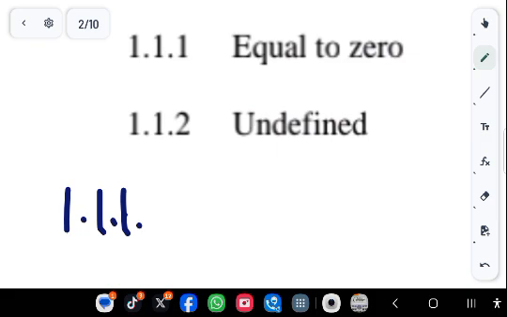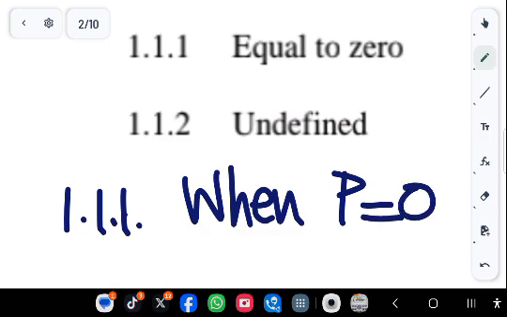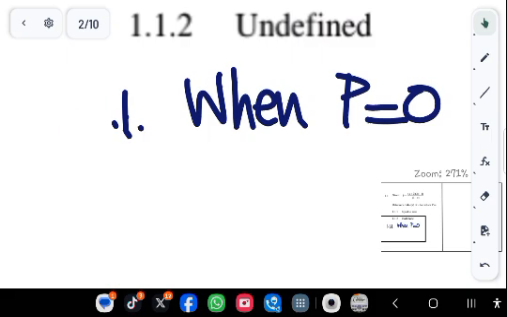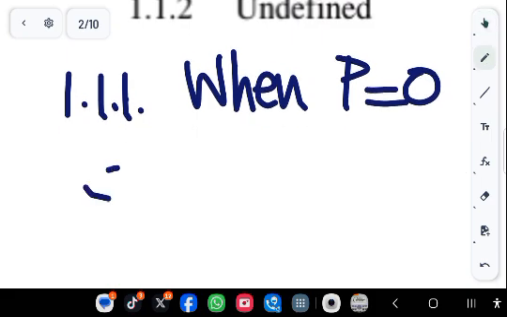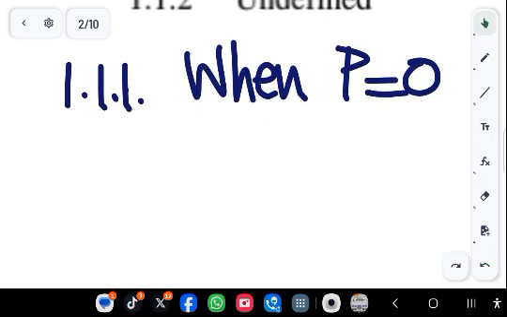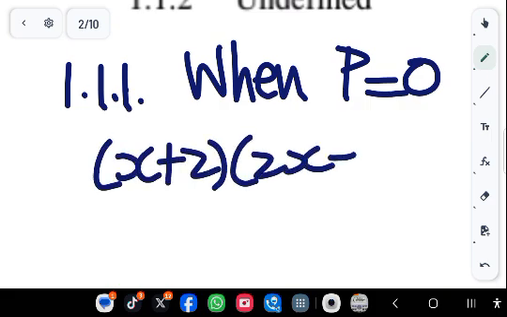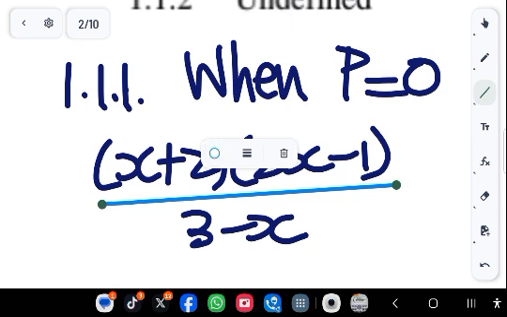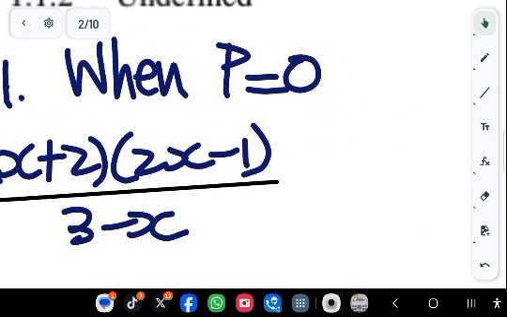P is 0 when P equals 0. This is the situation. This whole thing equals 0. So that will be (x + 2)(2x - 1) all over 3 - x, this is equal to 0.